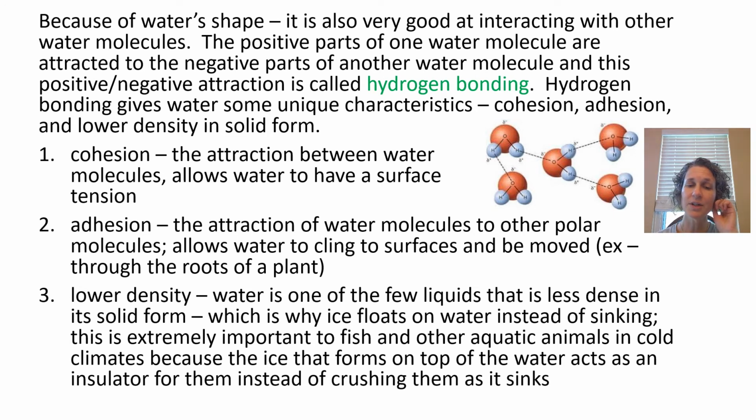The other one, the lower density in its solid form. Most liquids, as they turn from a liquid to a solid, become more compact and dense, and they will sink in their own liquid. Ice floats on water. And this is really important because in colder climates, when ponds or lakes freeze over, the ice will float on top.